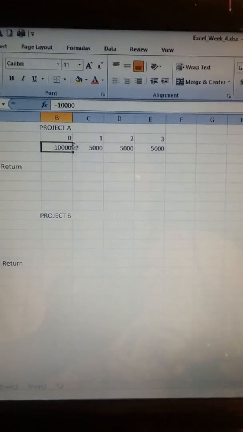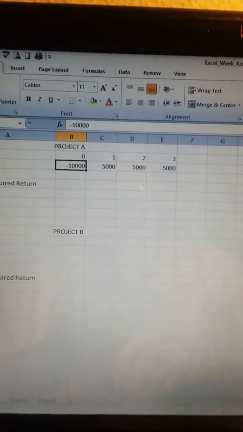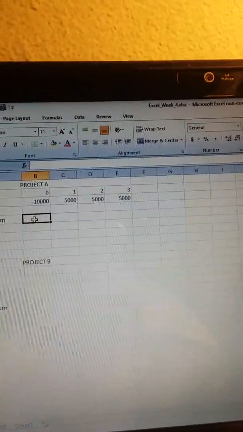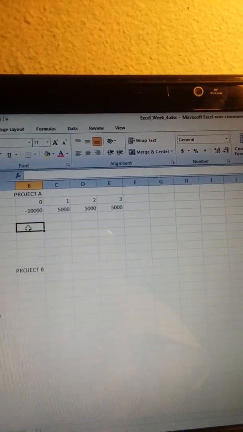And there's nothing, as you can see, that's really set up. There's no specific formula. We have just set it up with our years, 1, 2, 3, our cash flow amounts right in here. And then our interest or required return on these projects.